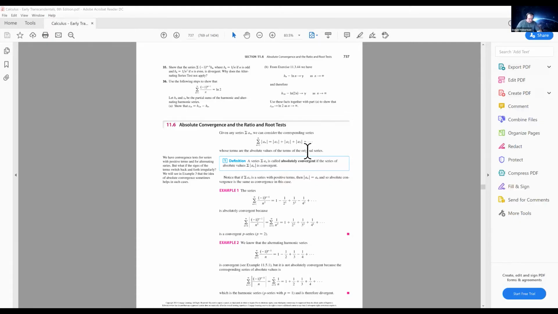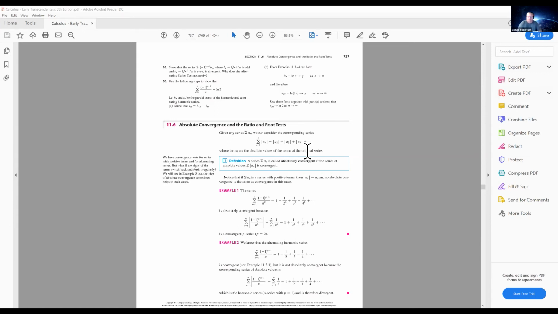Okay, let's look at page. Here we go. All right. We're going to look at what's called absolute convergence, and then not today, but next week we'll look at 2 more tests. They're called the ratio test, and they call it the root test, but I call it the nth root test. It's the same test.